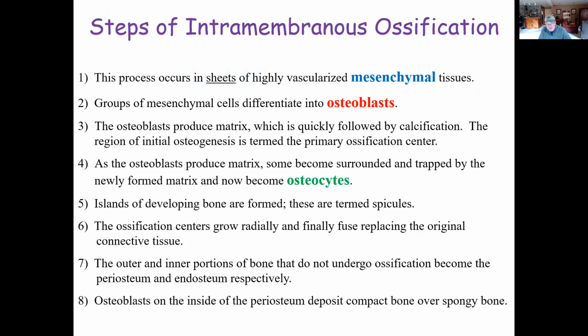If you think back to that slide I showed you earlier of the skull bone, where we had, remember, the compact bone on the outside and the inside, and the spongy in the middle, sandwiched between the two? Well, now you can begin to perhaps see how that initial bone that was laid down, which was actually spongy, has compact bone deposited over the surface of it and on the outside of it.